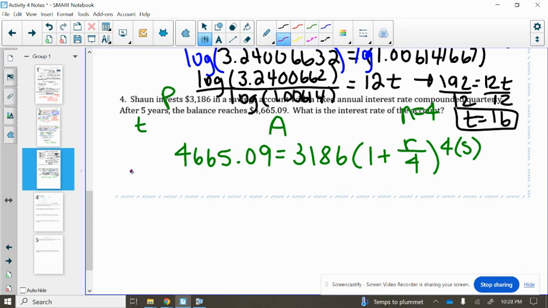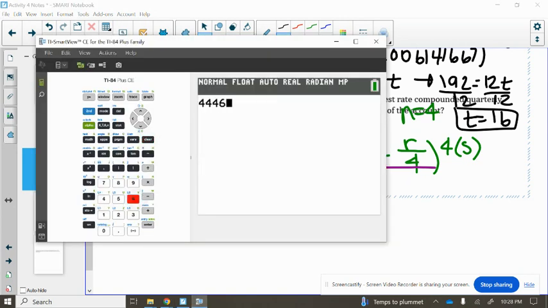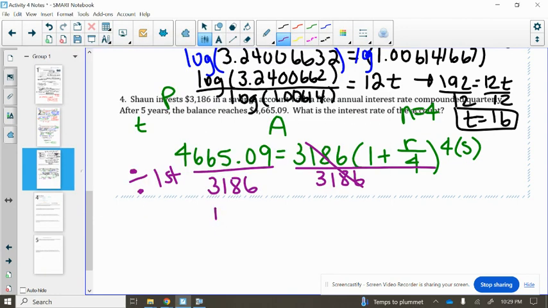Now, similar to the last examples, we must isolate the parentheses by dividing away that coefficient part first. And once we get a value for that, the 4,665 divided by the coefficient out front, that A value, we now have this is equal to our right-hand side.